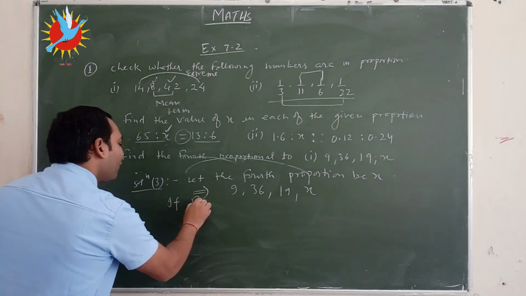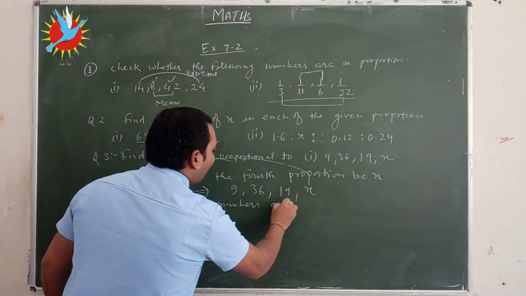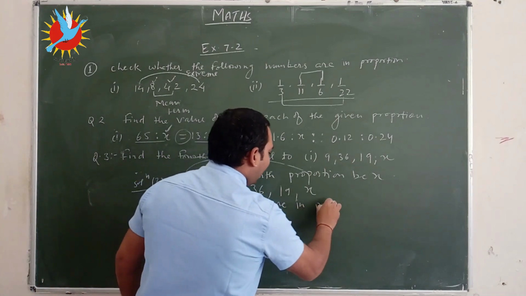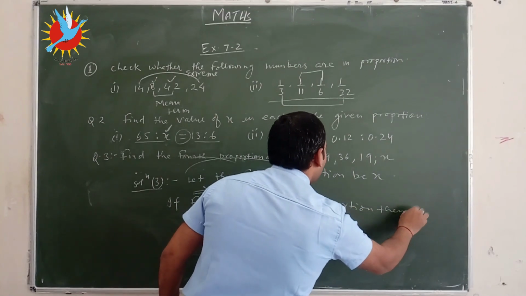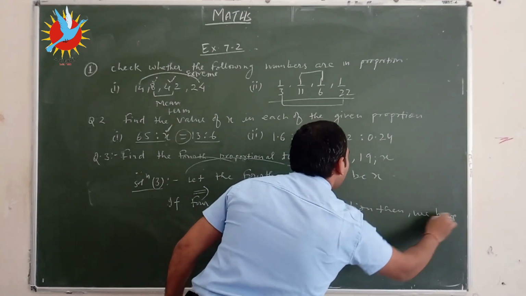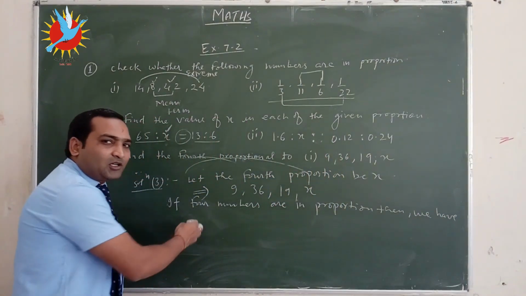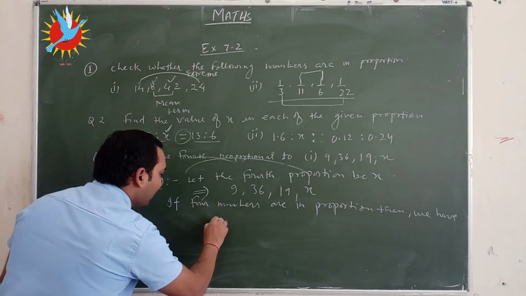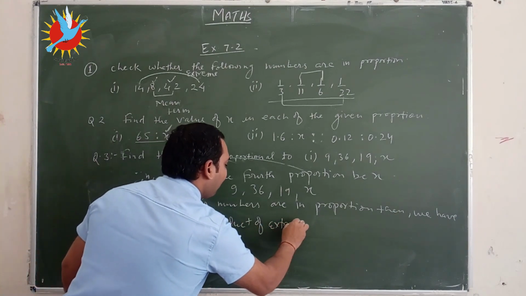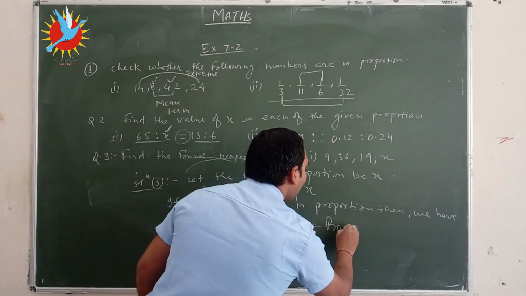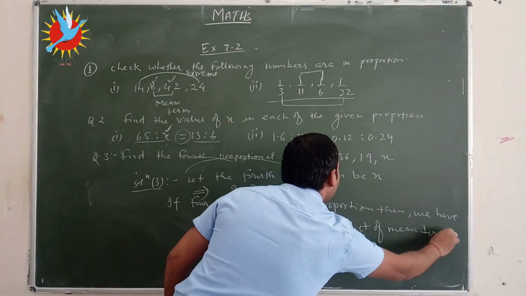If 4 numbers are in proportion, then we have the product of extremes equal to the product of means.